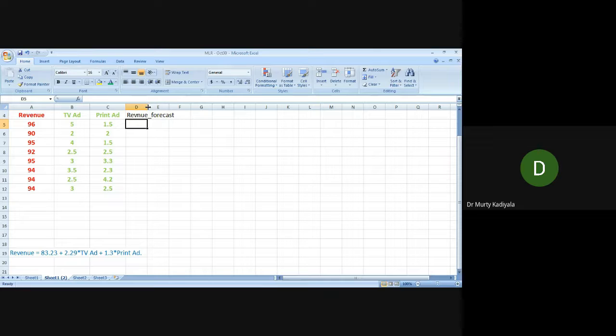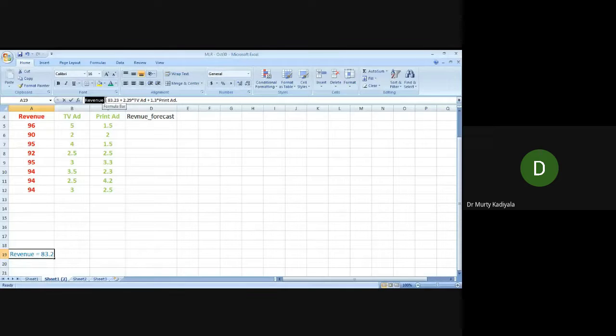So how do I get the revenue forecast? By putting the values of TV ad and print ad. Like first we put 5 and 1.5. Let's see.